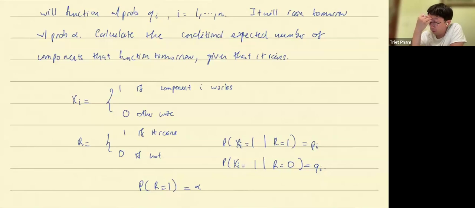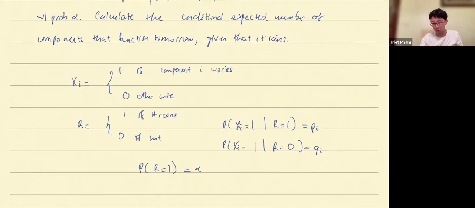What are we being asked for? We are asked for a conditional expectation of the number of components that function tomorrow. What is that in symbols? The number of working components is clearly just the sum of xi.